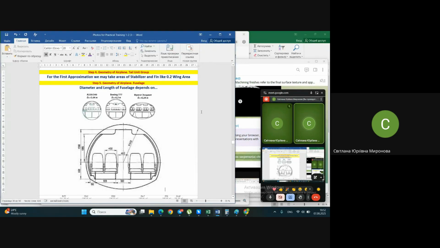So these two important geometrical parameters of the wing we already approximately know.